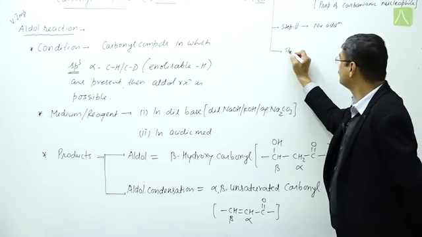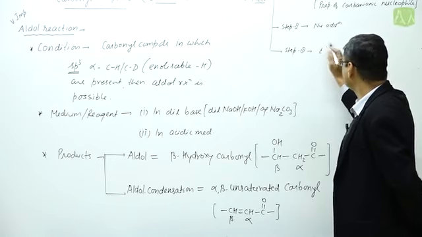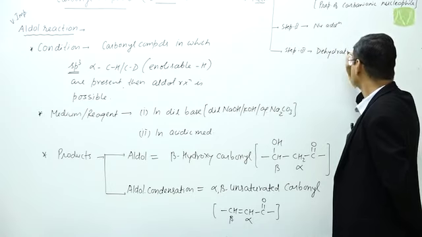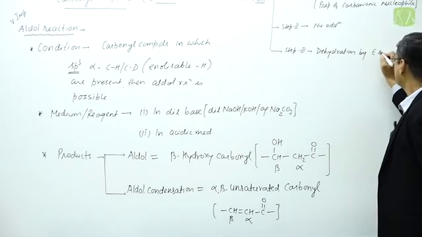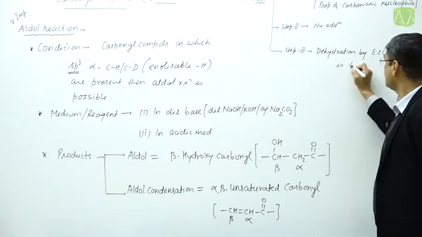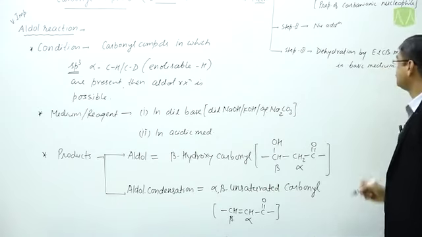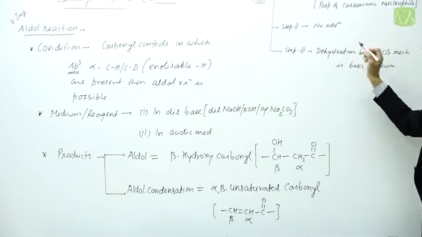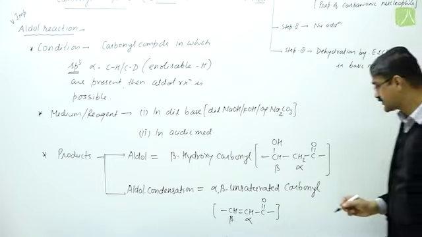Now step 3, that is dehydration by E1CB mechanism in basic medium. So there are total 3 steps. Step 1, acid-base reaction. Step 2, nucleophilic addition. Step 3, E1CB, that is dehydration elimination reaction.